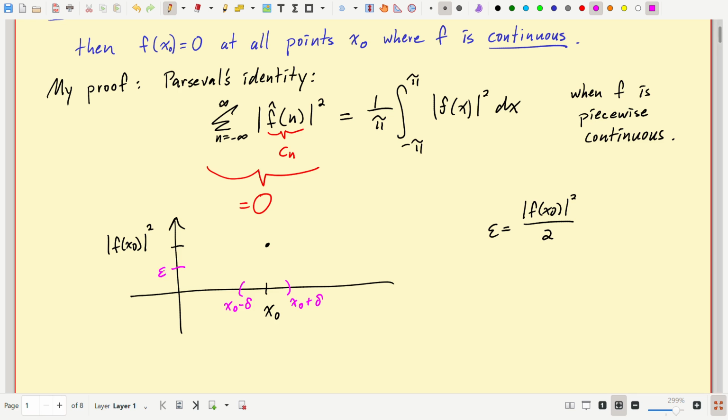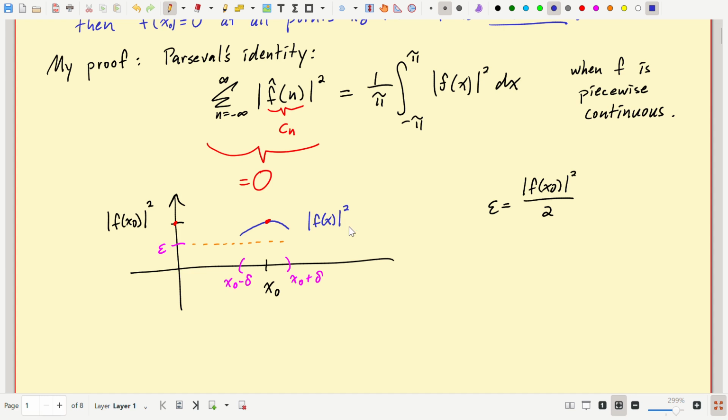If the absolute value of f(x) minus f(x₀), squared, is less than that epsilon, that means the graph would be above this dotted line. So the graph of f(x) squared would be above this rectangle here.